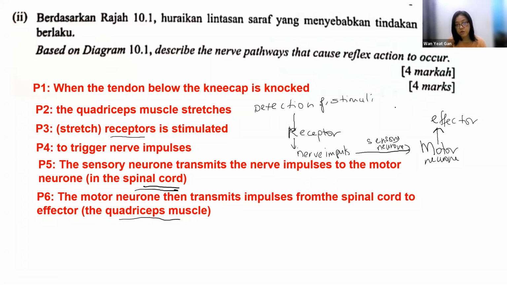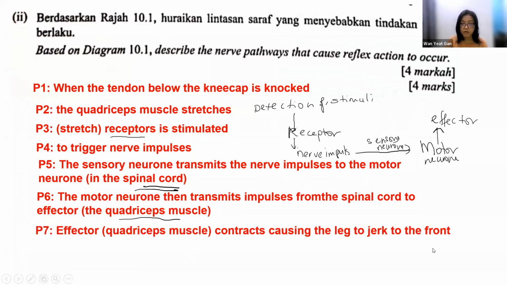So this is what we call the nerve pathway for the reflex action. Then the effector will produce a response. So the response here is the knee jerk.